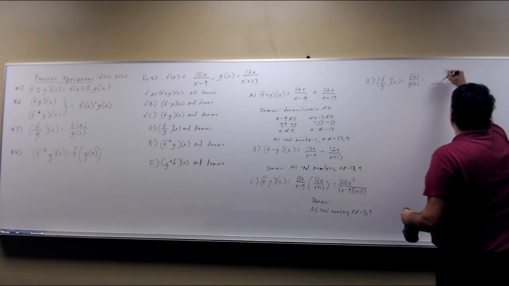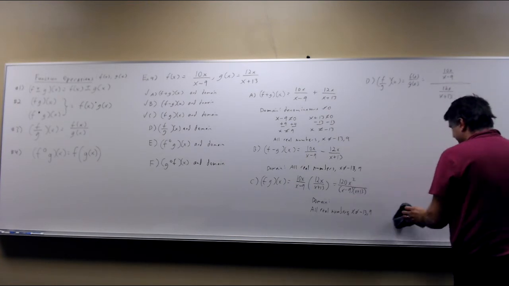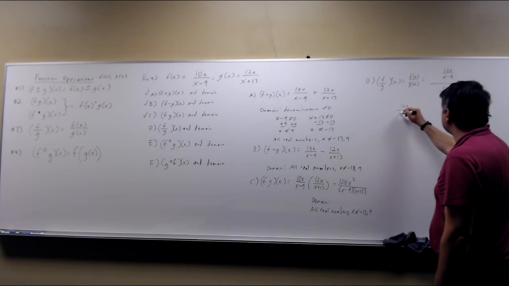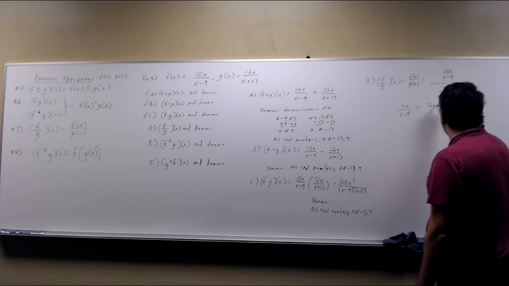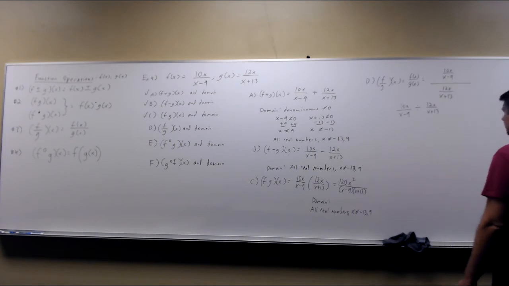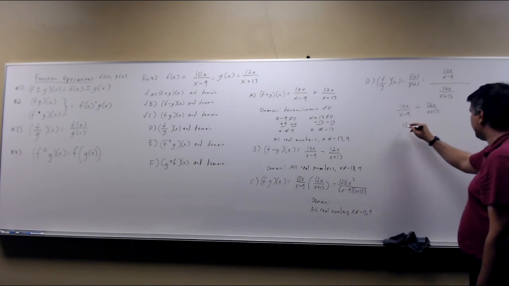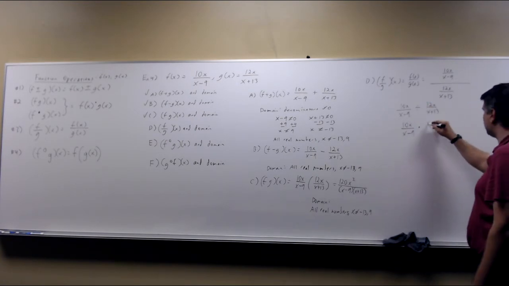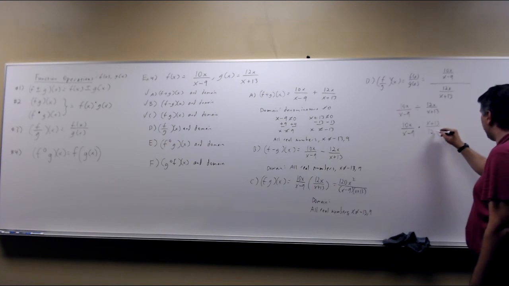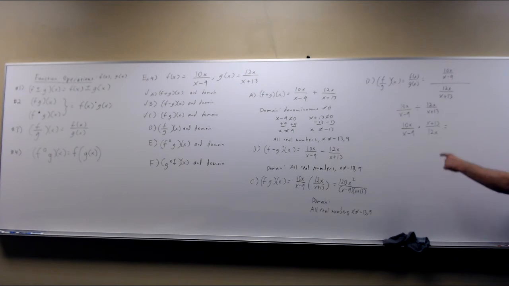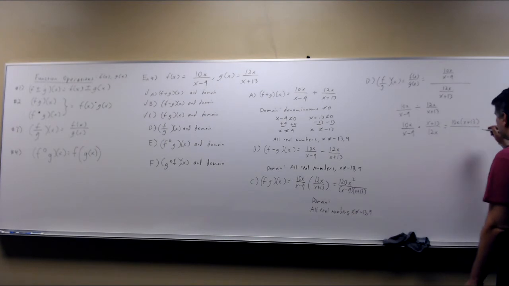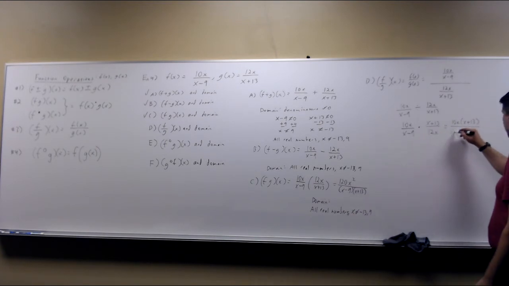So that's going to be 10x over x minus 9 divided by 12x over x plus 13, which will be, I will change to 10x over x minus 9 times, I'm going to flip this, x plus 13 over 12x, which gives me 10x times x plus 13 over 12x times x minus 9.